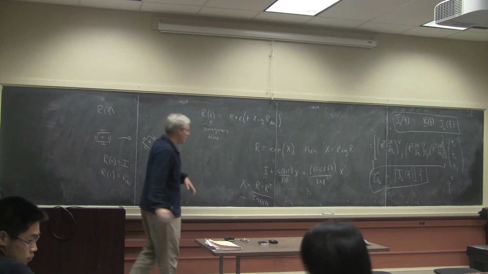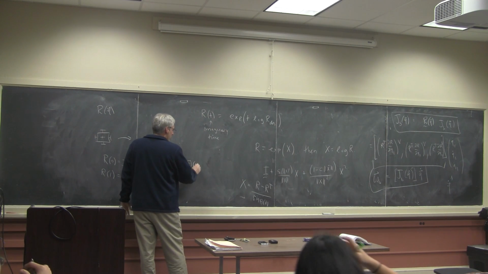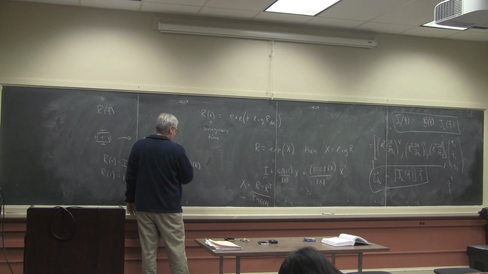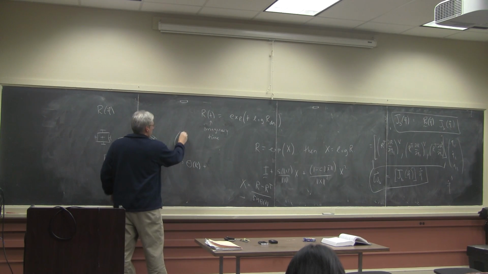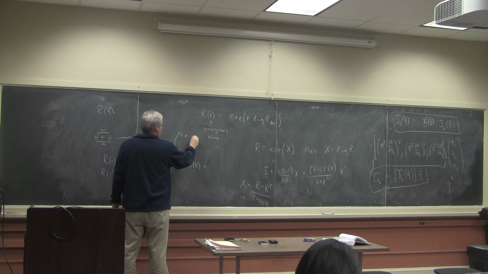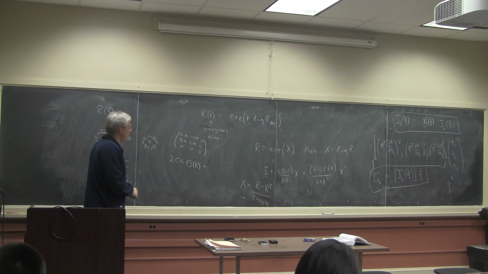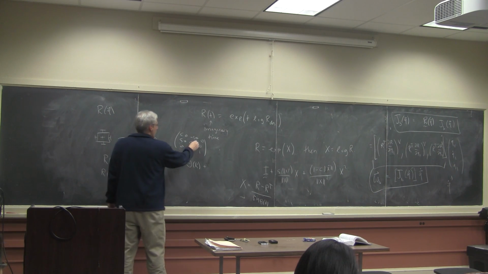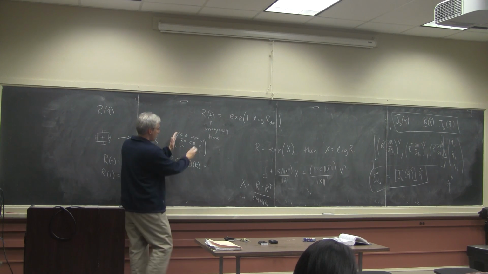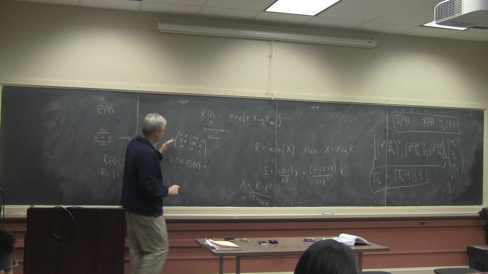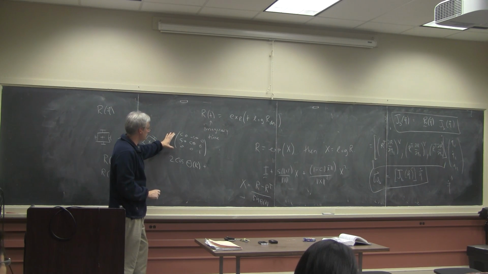In other words, theta of R, the cosine of theta of R: if you have cosine theta, negative sine theta, the eigenvalues of this are the same as the eigenvalues of any rotation matrix by an angle theta around any axis. This is for around the z-axis, but the eigenvalues will be the same around any axis.